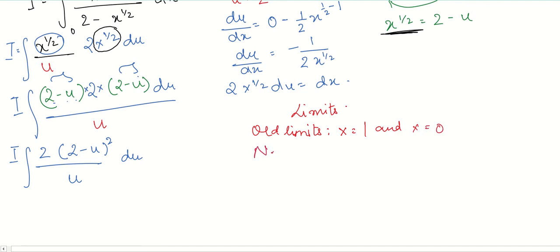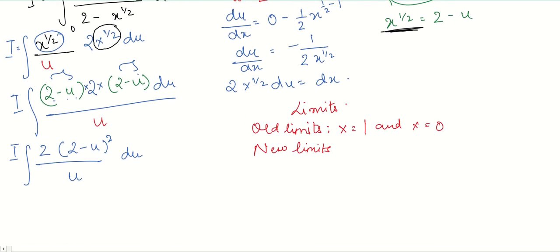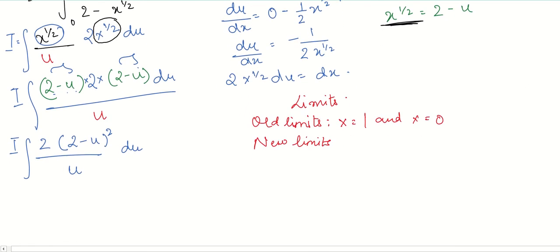So our new limits would be, what is u equal to again? u equals 2 minus x to the power of 1/2. So you'll have to insert each of the x values, and what are you going to get?